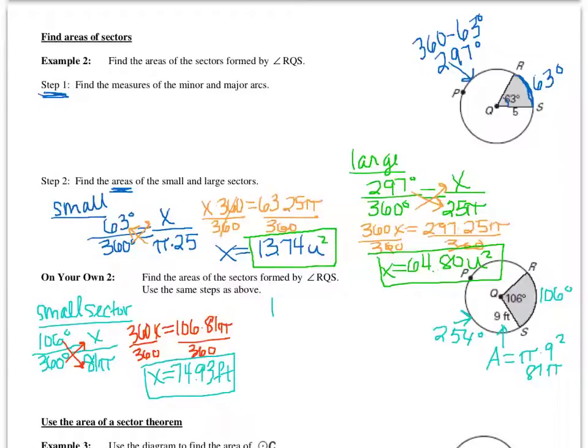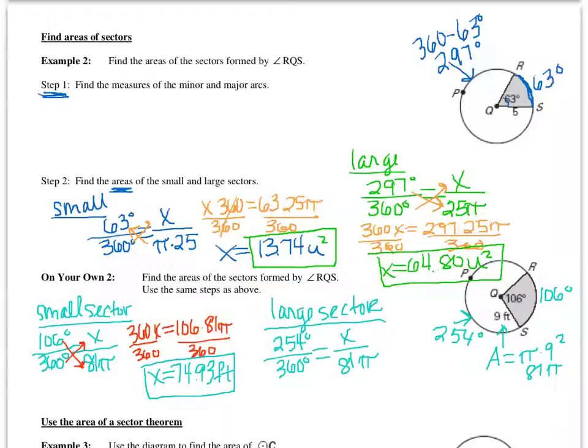So let's now find the large sector. So for the large sector, the arc length is 254 degrees out of the total of 360 degrees. So the area of the sector is x out of, my area of the entire circle is again still 81 pi.